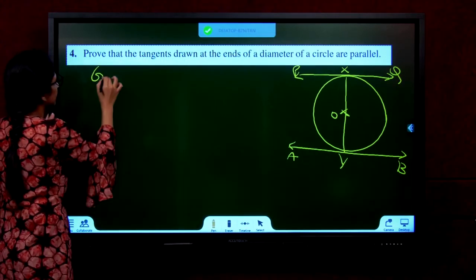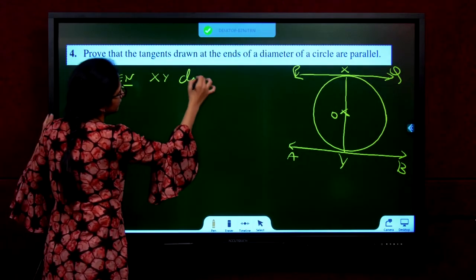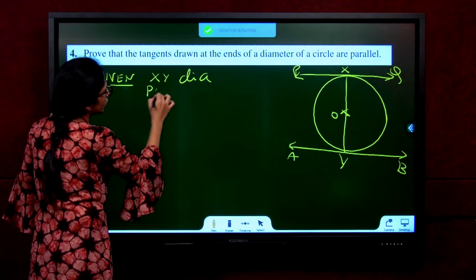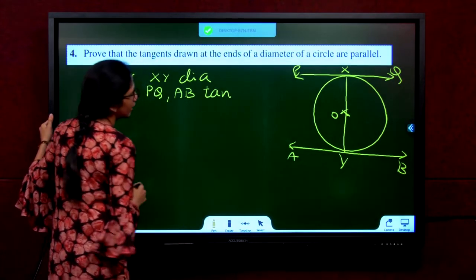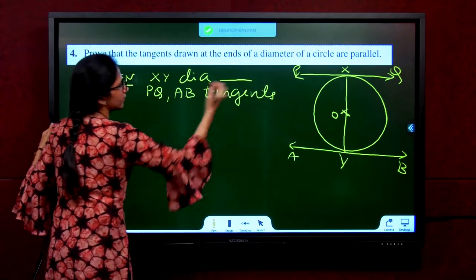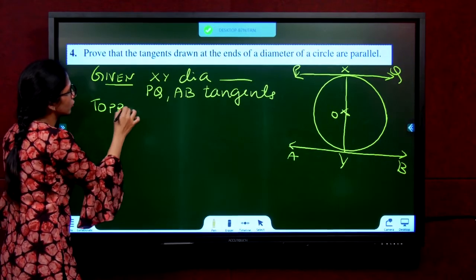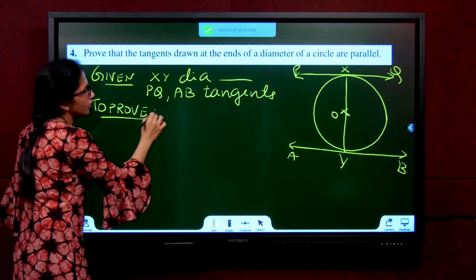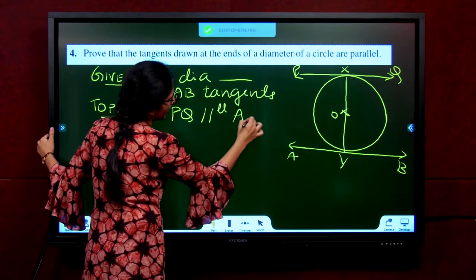So what all is given? XY is diameter. PQ and AB are tangents. You have to write full, okay? Now, you have to prove that those tangents are parallel. You have to prove PQ is parallel to AB.